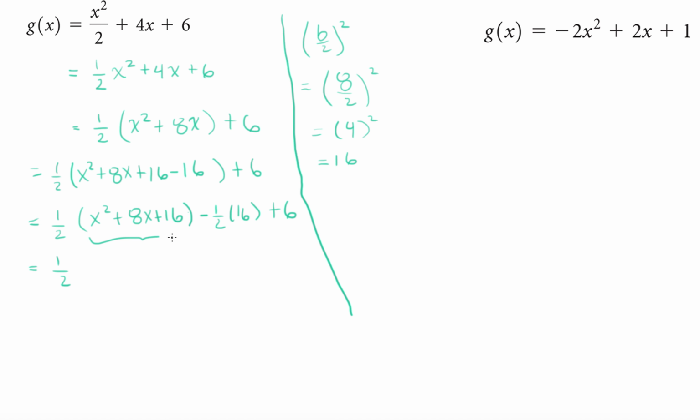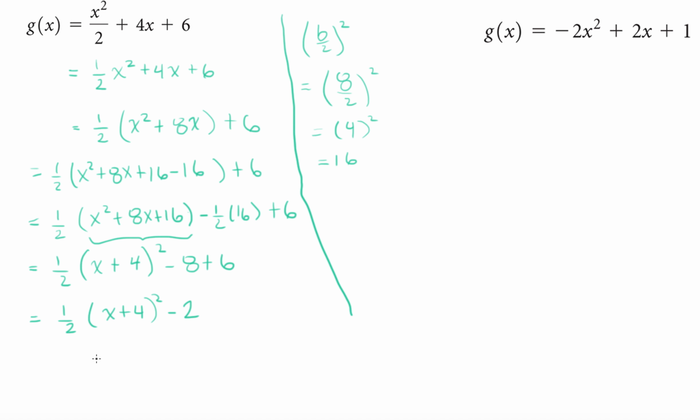Now, these three terms together will complete the square to the number we have here, b over 2. So this is going to be x plus b over 2, which is 4, squared. Negative 1/2 times 16 is negative 8 plus 6. You have x plus 4 squared. Negative 8 plus 6 is negative 2.